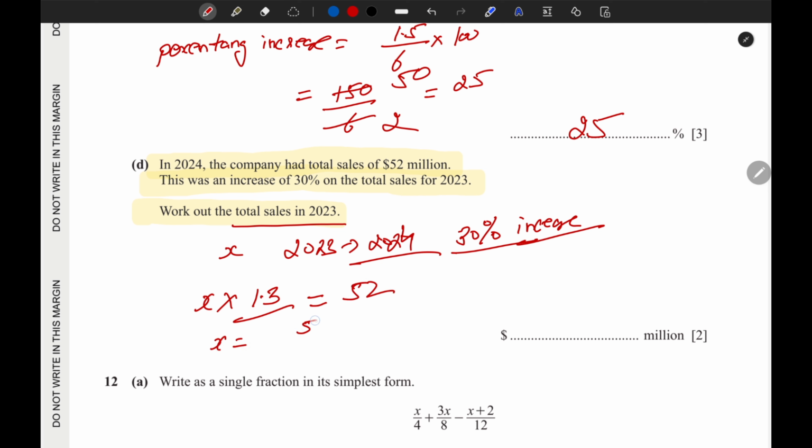X is 52 upon 1.3. Now how to solve this? See, remove the decimal, so this will be 520 by 13. And if you know the table of 13, 13 times 4 is 52. So this is 40. So $40 million was the sale in 2023. Okay. Now the next question.